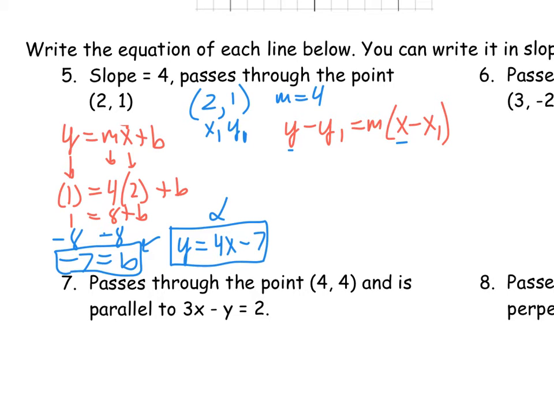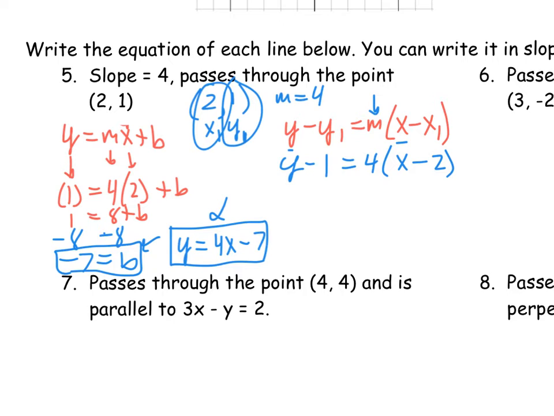So when I'm plugging something in, I'm just plugging that y sub 1 in for y sub 1. So it's y minus 1 equals, this is my slope, so I'm going to plug 4 in for the slope, and x minus, here's my x sub 1 now, when we're doing point slope form, 2. So to solve this, first we've got to simplify.